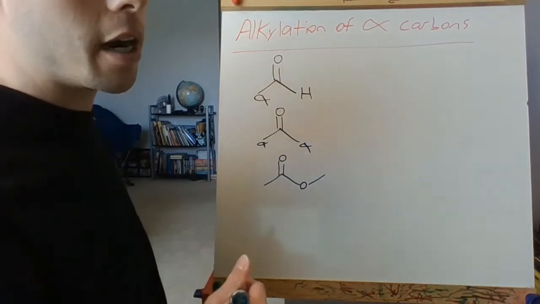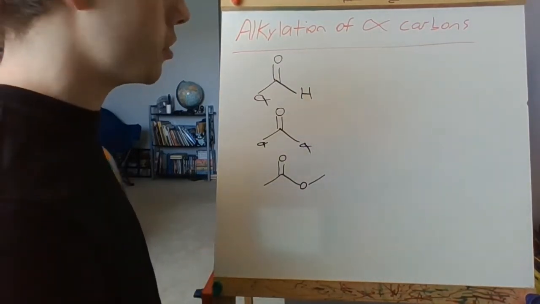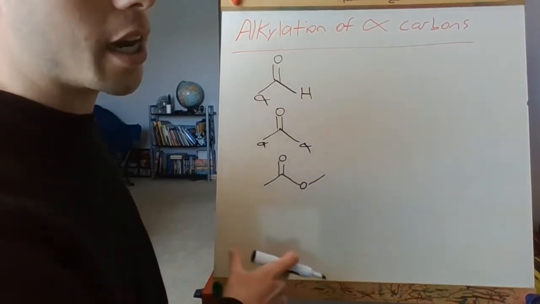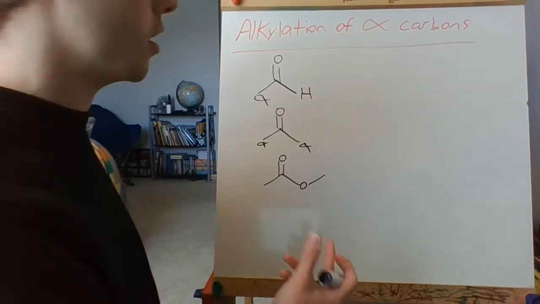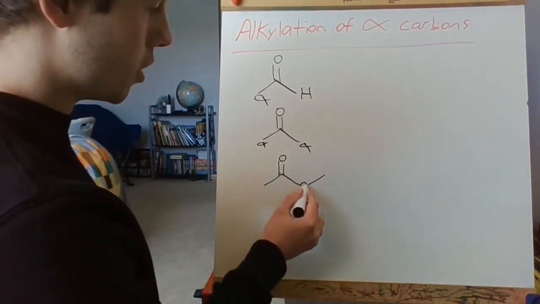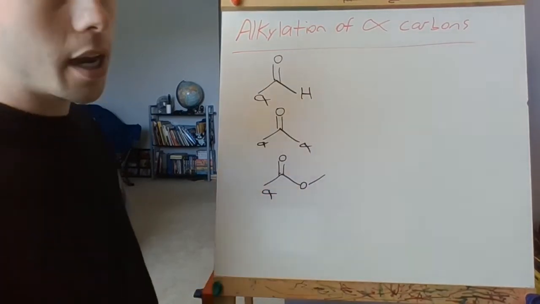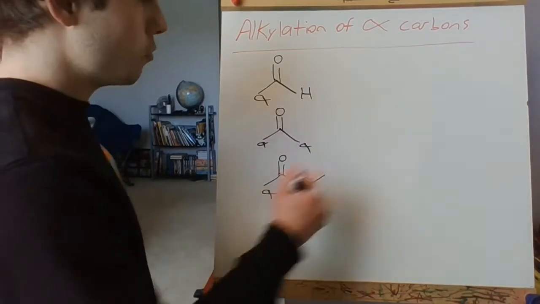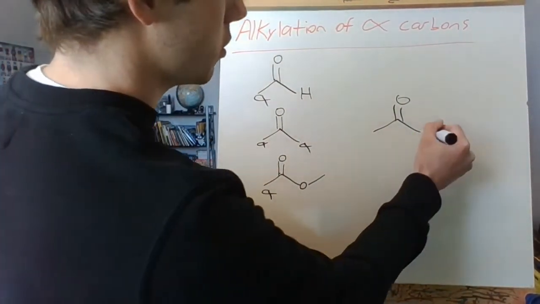And we'll talk about how we differentiate between those two and how different reaction conditions can play a role in which side you add to, especially if you have different substituents and therefore it's not symmetrical. And then in esters, we have an oxygen on this side, so no carbon, and so again, only one alpha carbon.